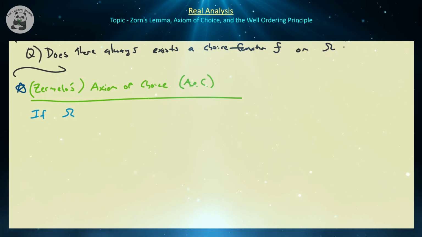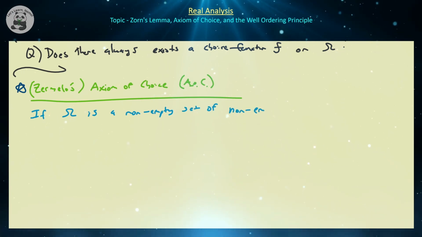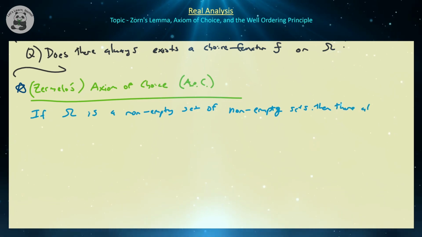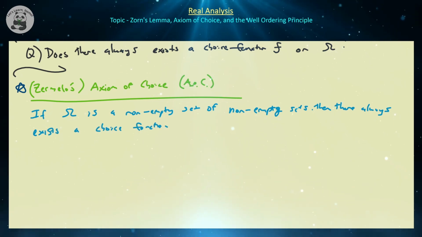So if omega is a non-empty set of non-empty sets, then there always exists a choice function on this collection omega, right?